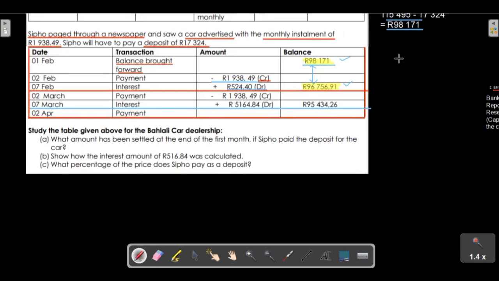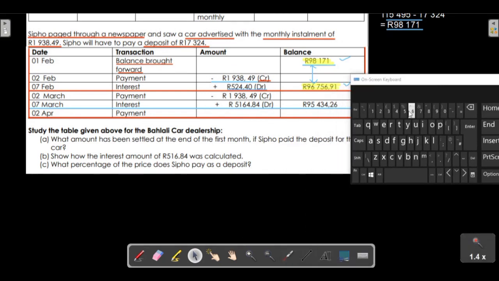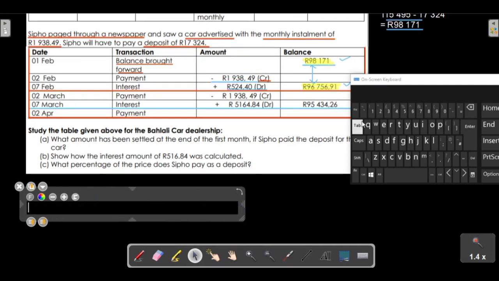So the easiest thing to do is to take the closing balance and subtract it from the opening balance. So that is going to be 98,171 subtract 96,756.91.